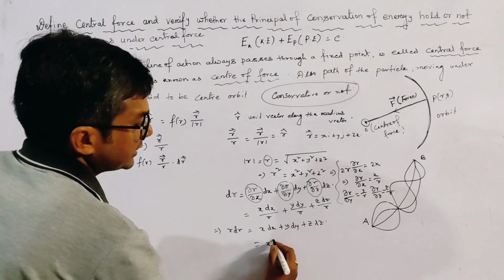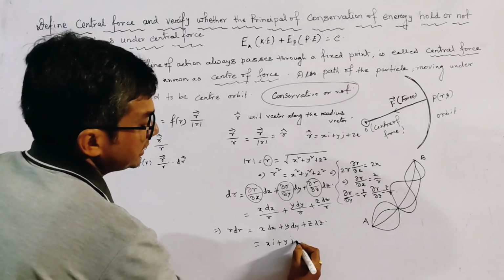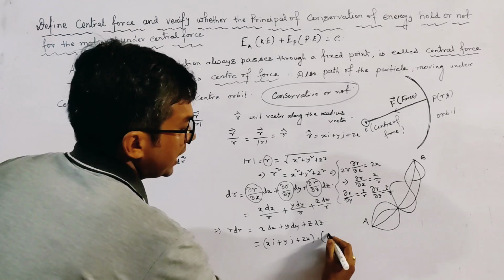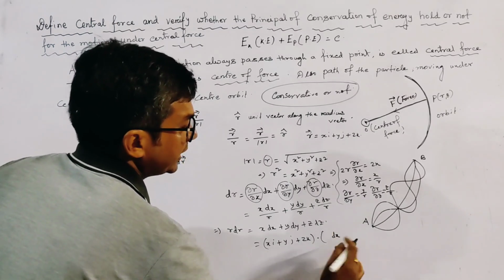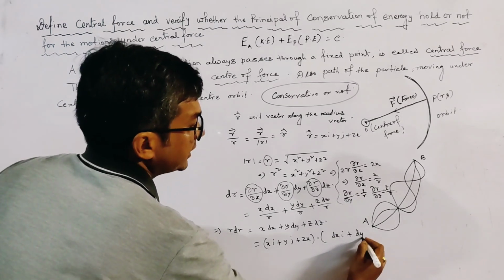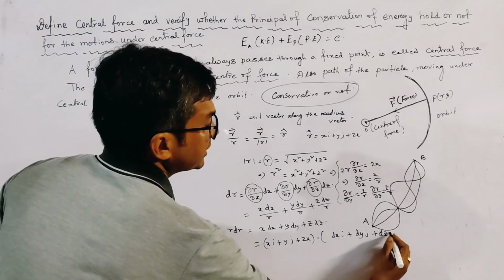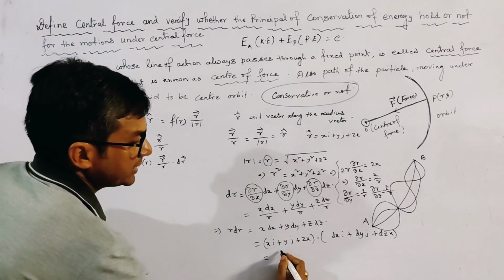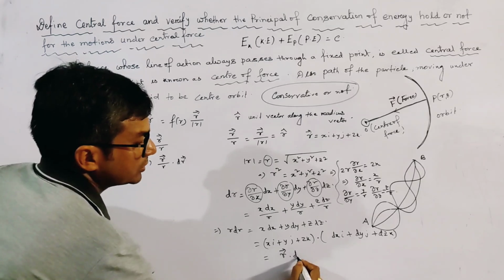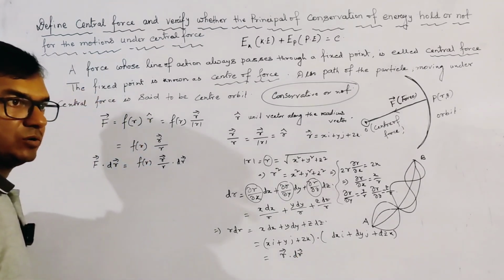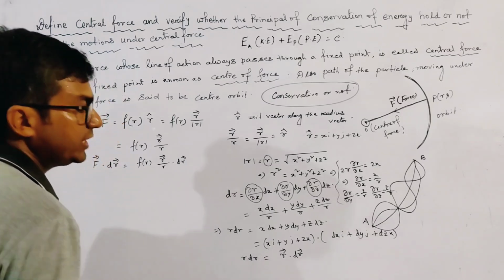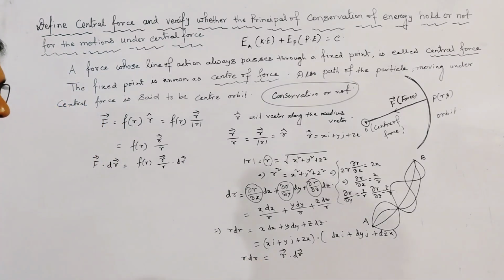So this is xi plus yj plus zk dot dxi plus dyj plus dzk, and this relation can be written as r vector dot dr vector. So we prove that r vector dot dr vector is r dr.